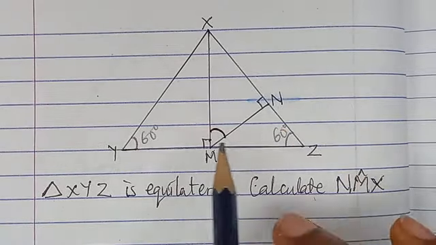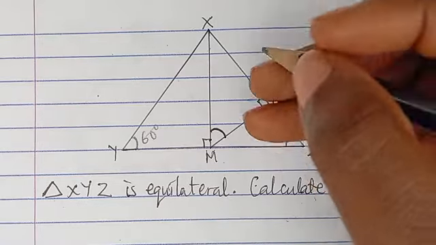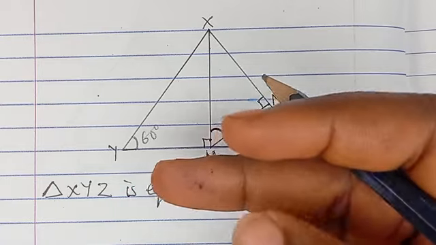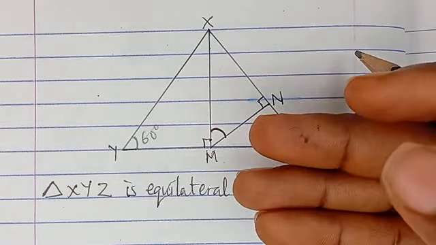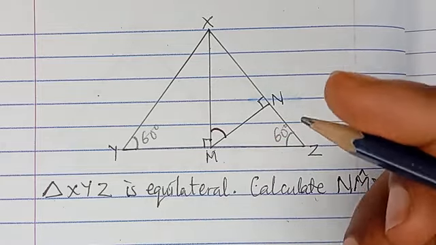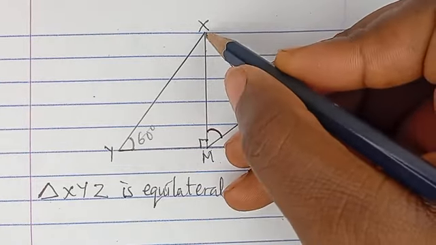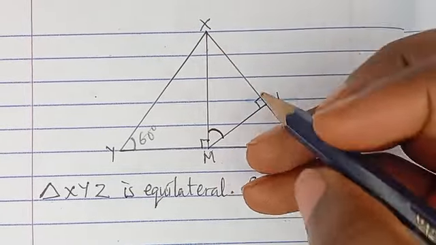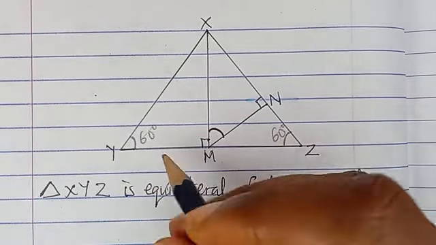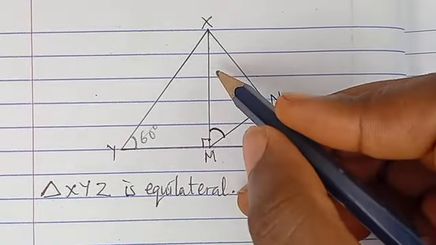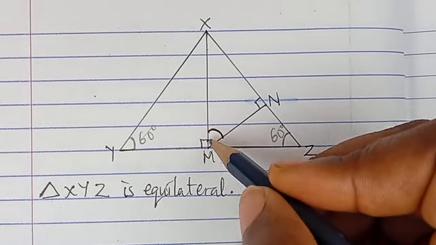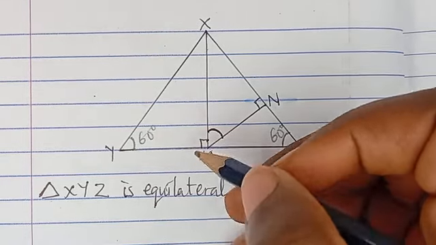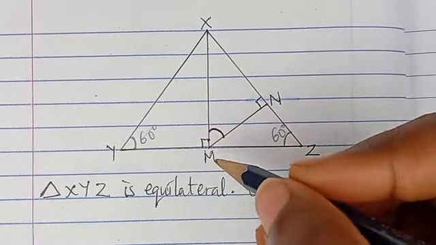And after all this being 60 degrees, we know that from the proof that the base angles of an isosceles triangle are equal, we could detect that the bisector of the vertical angle bisects the base and is perpendicular to the base.